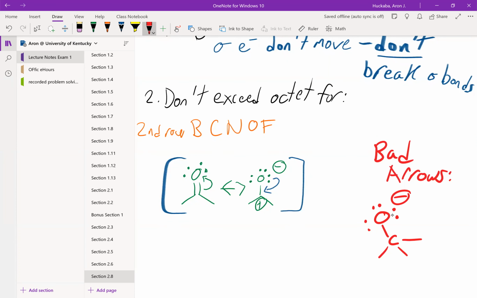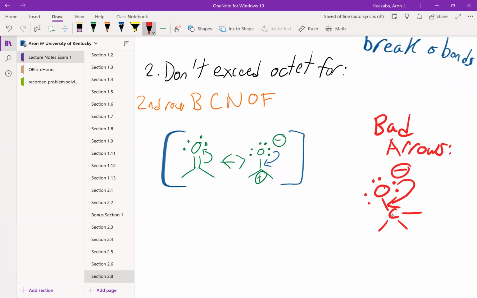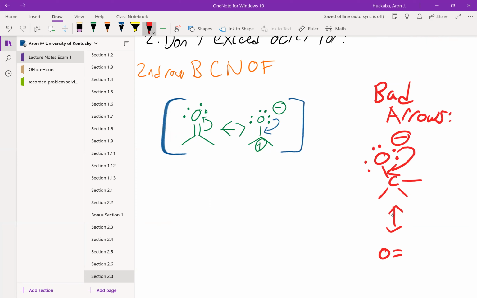We have an oxygen with a negative charge and 6 lone pairs bound to a carbon with 3 alkyl bonds, 3 carbon-carbon single bonds. We cannot bring this bond down. If we do that, that's 5 bonds to carbon. That's bad. So remember to use the arrows correctly.